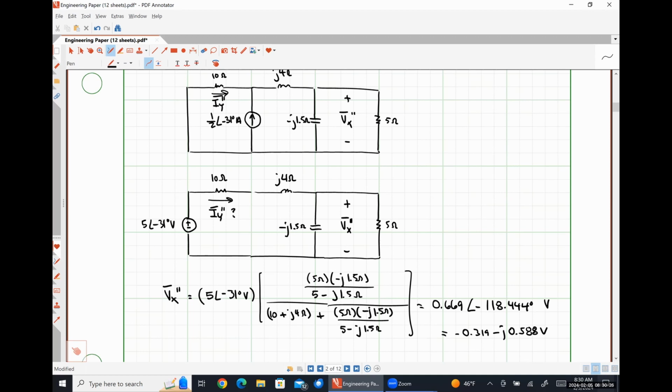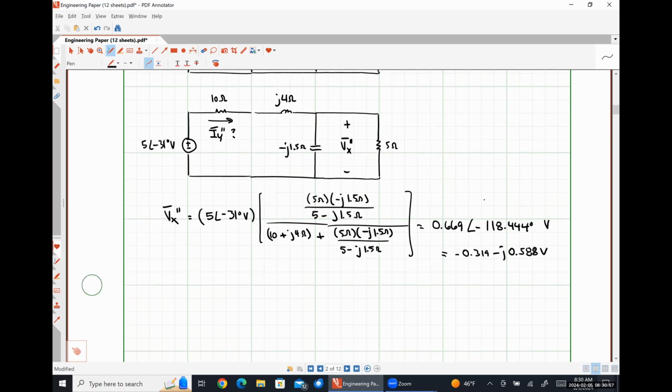Now, the reason why I'm not sure if this is going to work is because we performed a transformation. So we moved things, and moving things tends to have repercussions. Okay. So we'll work this, see what we get, and then we'll find IY double prime using our original circuit. And I'm 70% sure that the answers are not going to be the same. I'm willing to admit that I might be wrong, but I don't think I am. So let's see what shakes out, right?